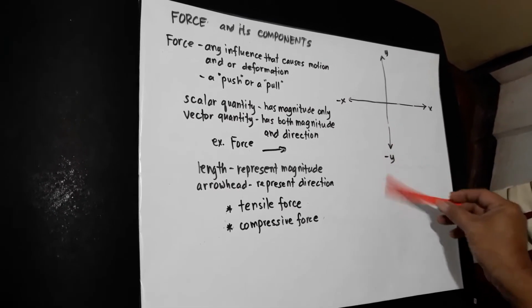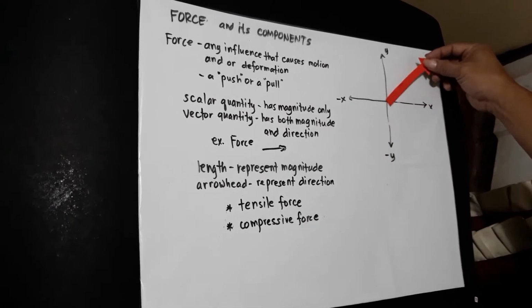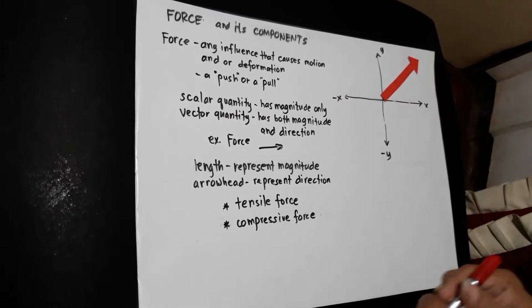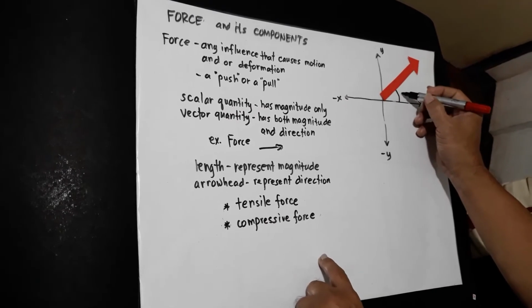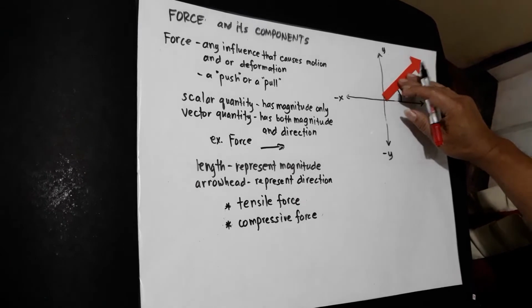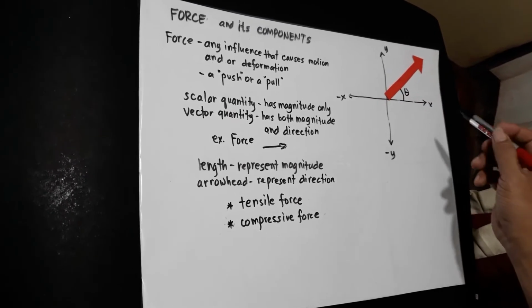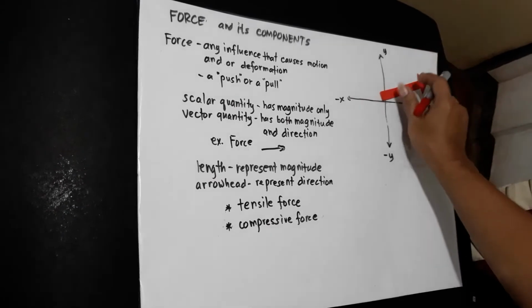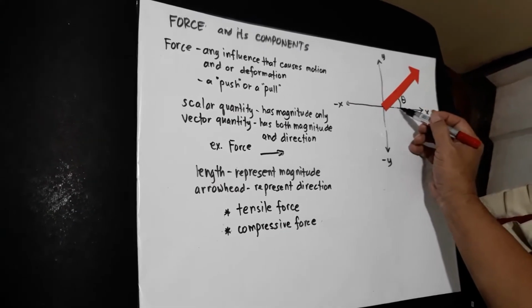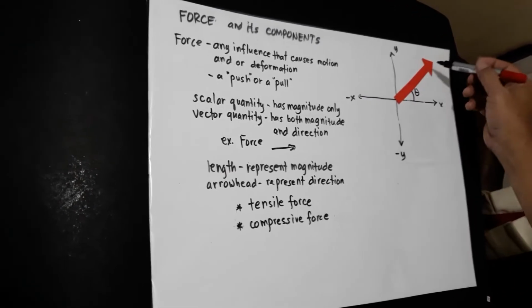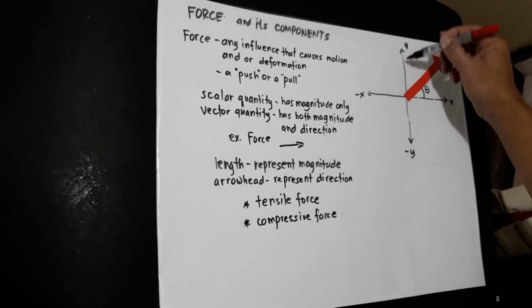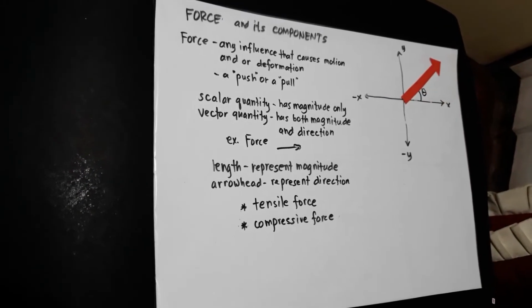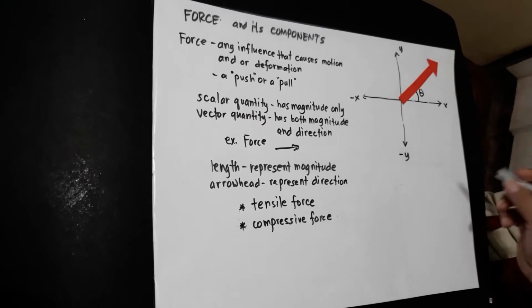Now what happens if the force, say, is going there with a certain angle here, theta? What part of the force is going to the right side along the positive x-axis, and what part of this force is going upward along the positive y-axis?